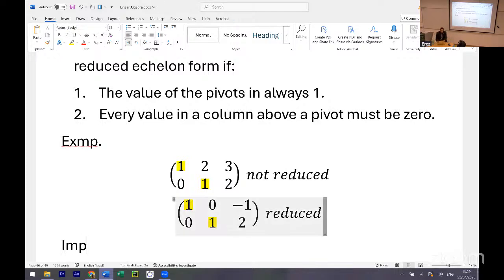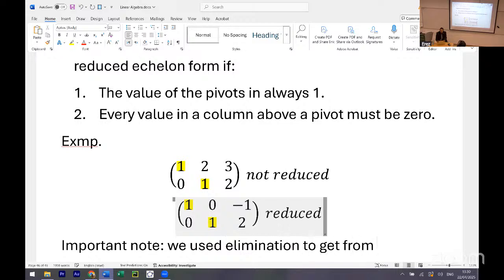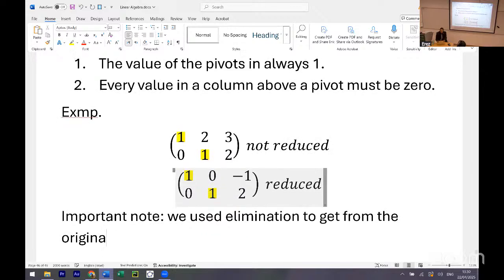Important note, we used elimination to get from the original matrix to the reduced version.